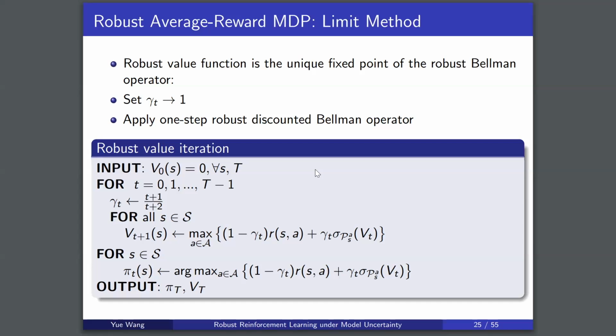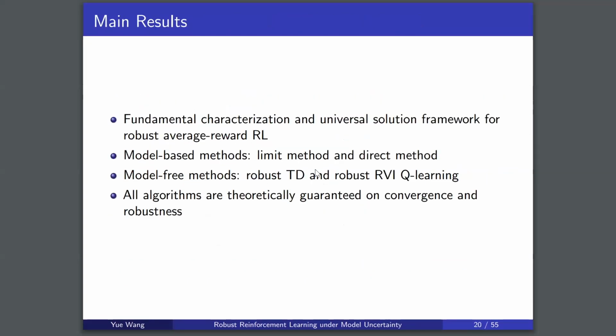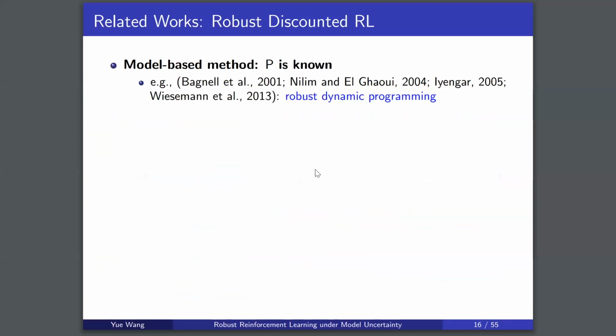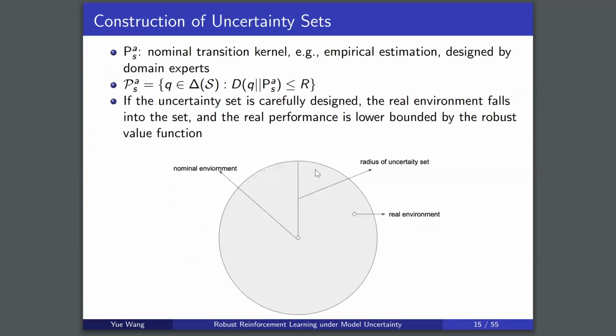The other question was, is there any structure on the distribution? Can it be any distribution? Back to the very beginning of the construction of the uncertainty set, we are considering the uncertainty set defined in this function. The R here is some radius, and the D function would be some divergence function.